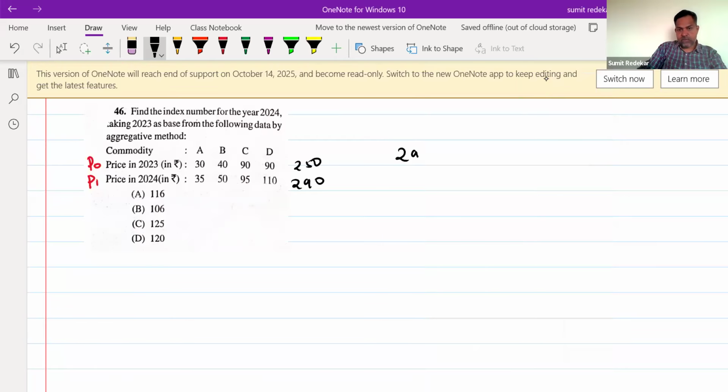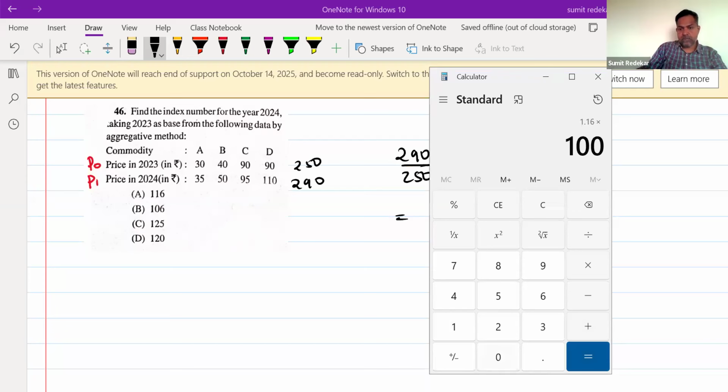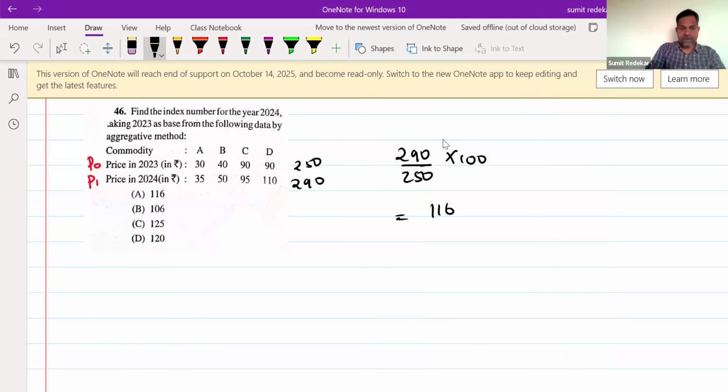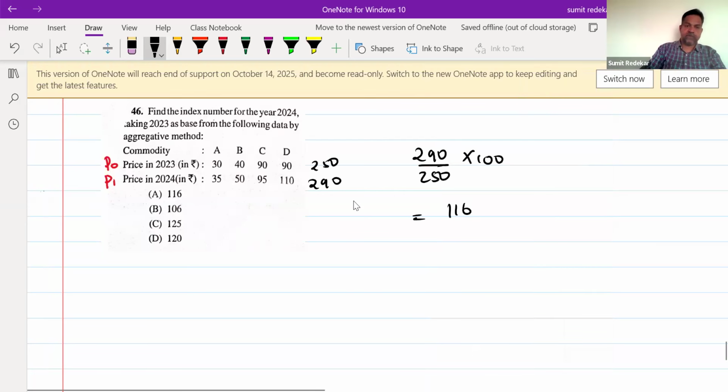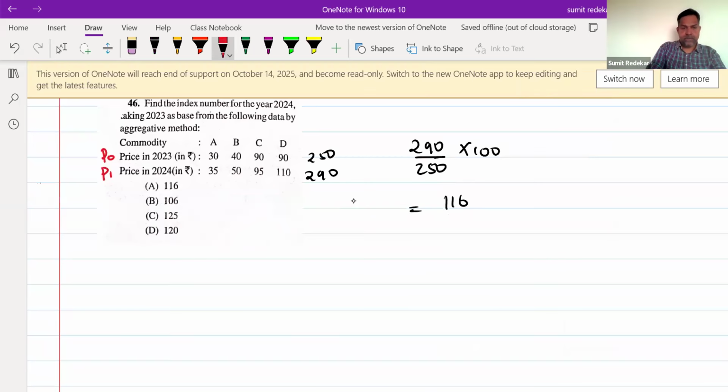So when I say that's 290 by 250 into 100, is 116, 16% increase in prices. So according to me, the answer to that should be B.